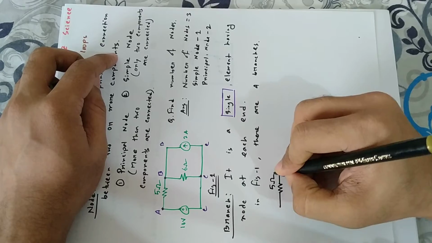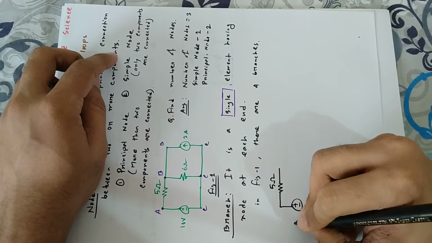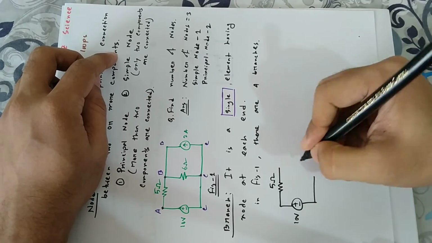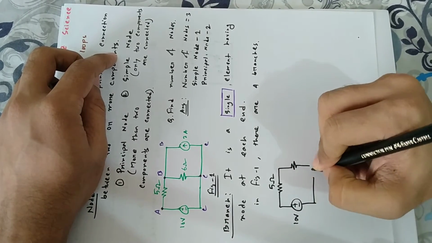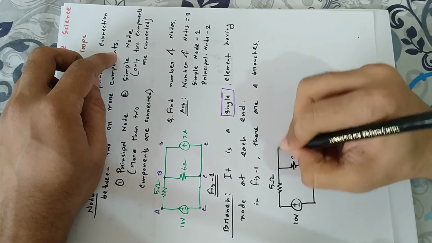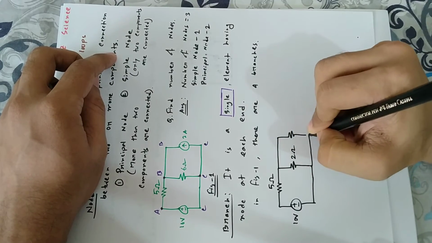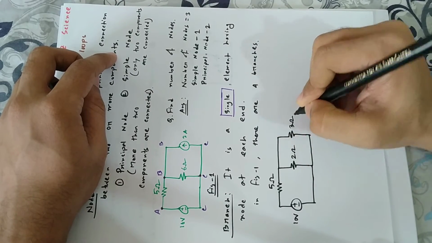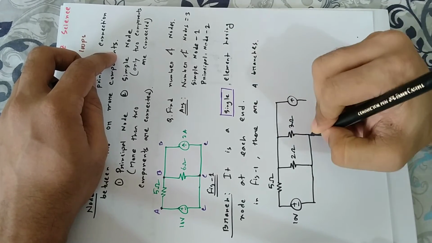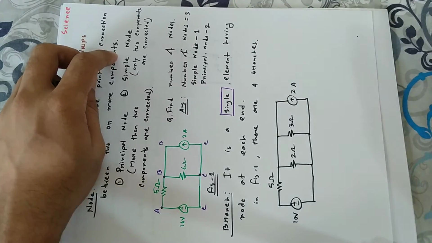Here is a 5 ohm resistor. Suppose the voltage source is having 10 volts. Two ohm resistor, three ohm resistor, and the current source of 2 ampere.